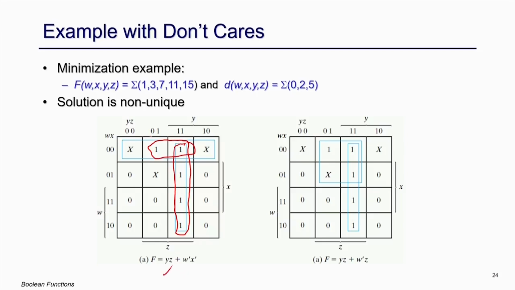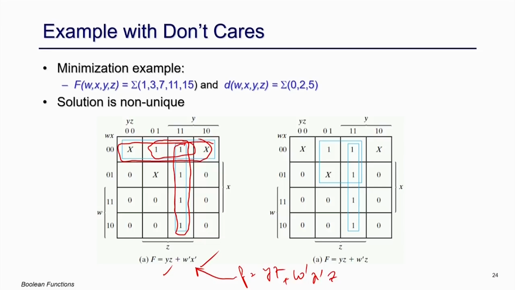If I do not take this, my f will be yz plus w bar x bar z. This is my representation of the function. But if I take this don't care, I can reduce it further. My representation will now be yz plus w bar x bar. So I have reduced it further, because one literal is removed. This is how we utilize the don't care.